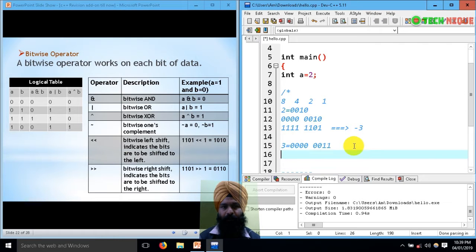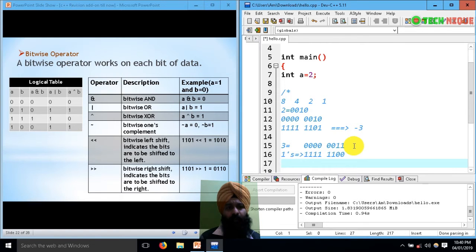Now first we are going to take the ones complement of this. Your ones complement would be inverting all the digits, so it's 1 1 0 0. So this is the ones complement.